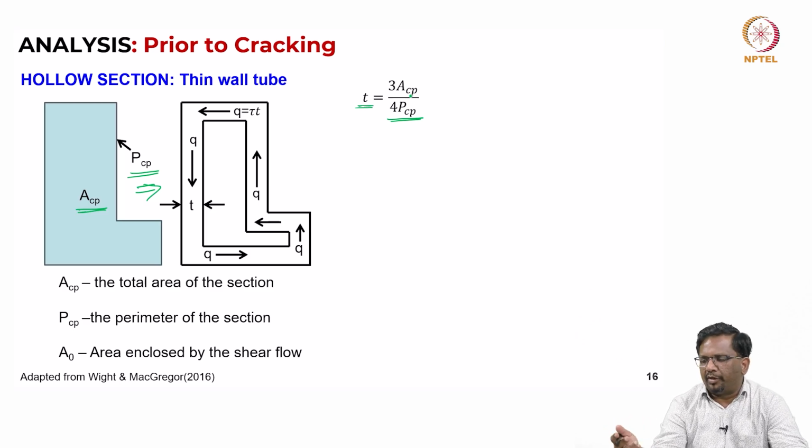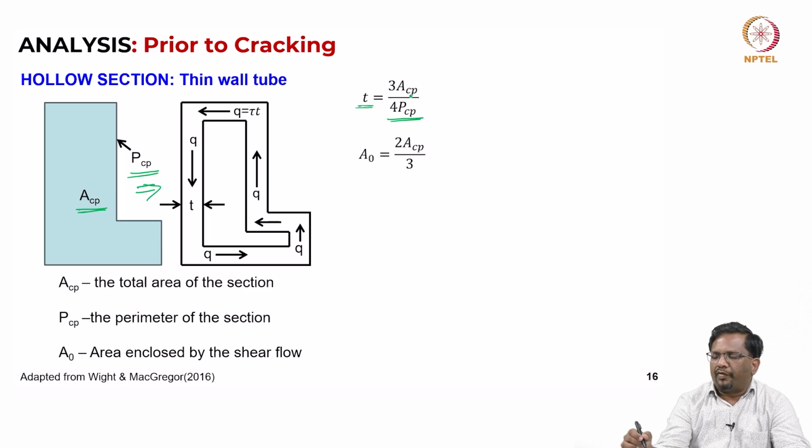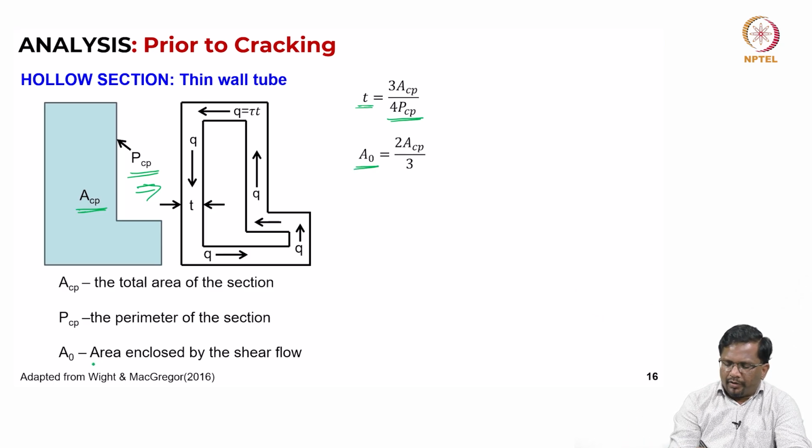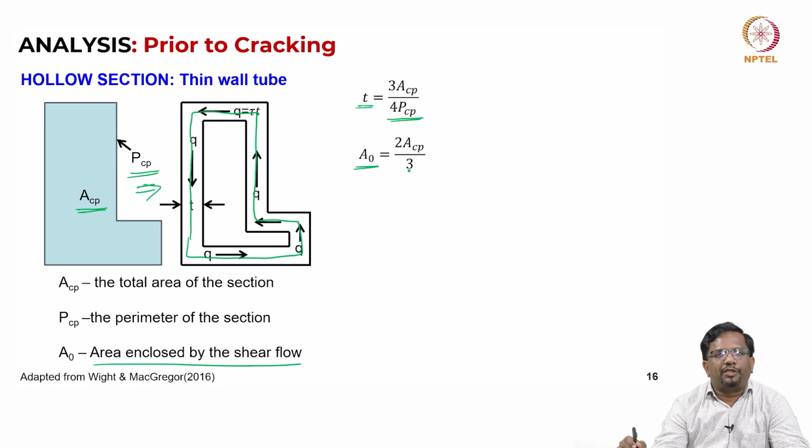So, that is the reason people have given this simplified formula. If I do that, my area A naught, which is the area enclosed by the shear flow, or in other words, enclosed by the center line of this hollow tube, is going to be 2 into ACP by 3.